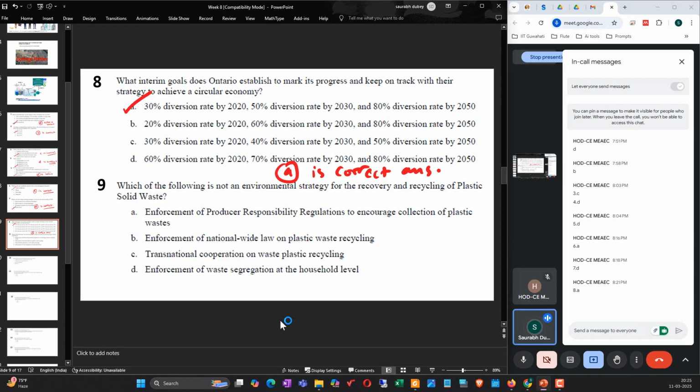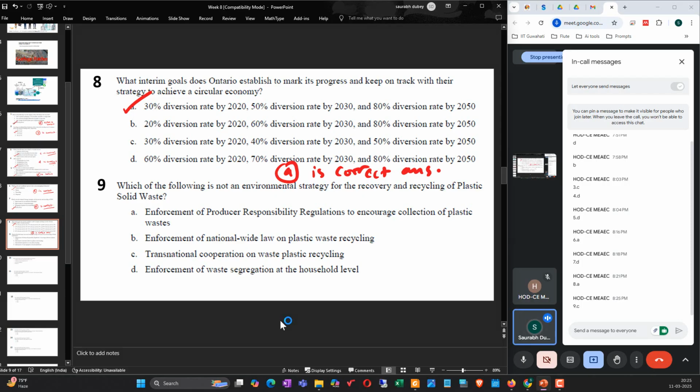B is enforcement of nationwide law on plastic waste recycling. C is transnational cooperation on waste plastic recycling. And D is enforcement of the waste segregation at the household level.